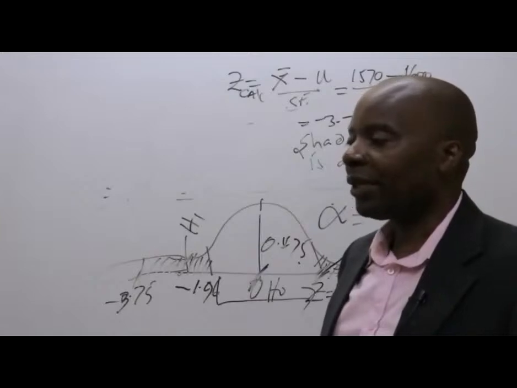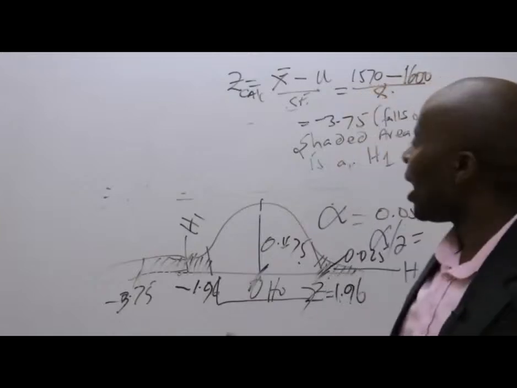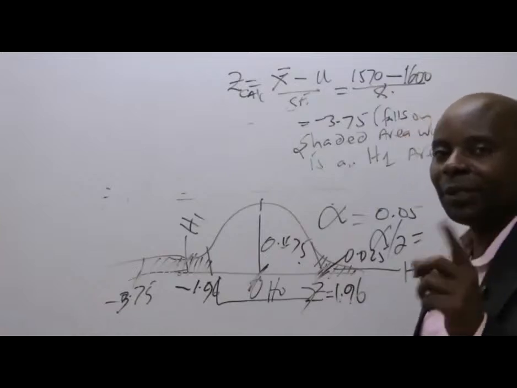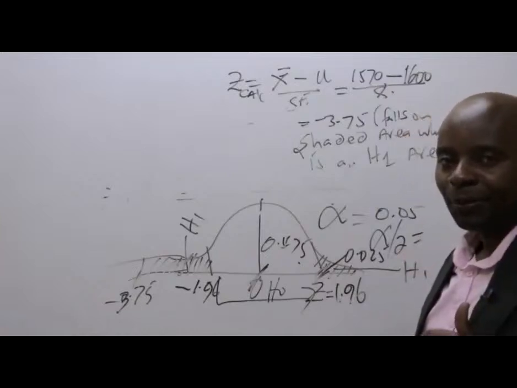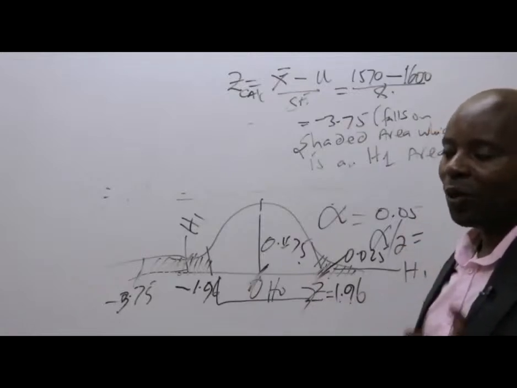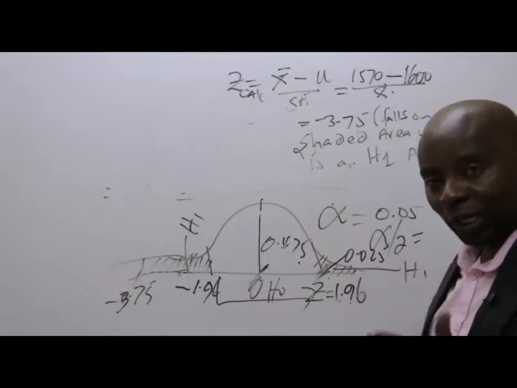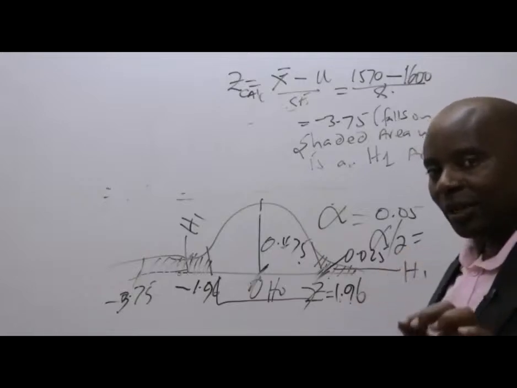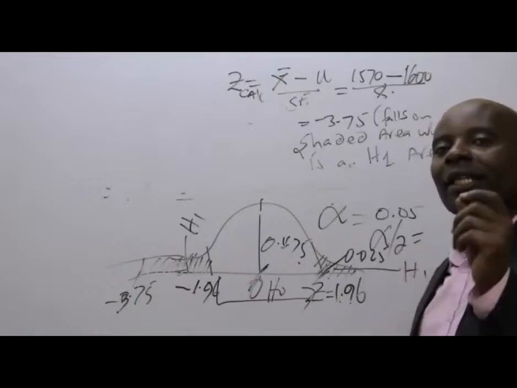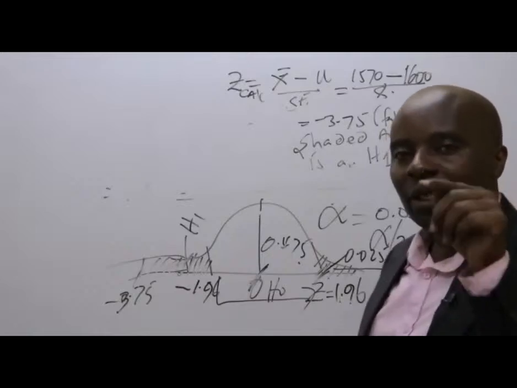So, ladies and gentlemen, the moment I've hit there, I'm telling the examiner that we can only accept H1, because we have fallen on the H1 area. Meaning that the null hypothesis is not true.